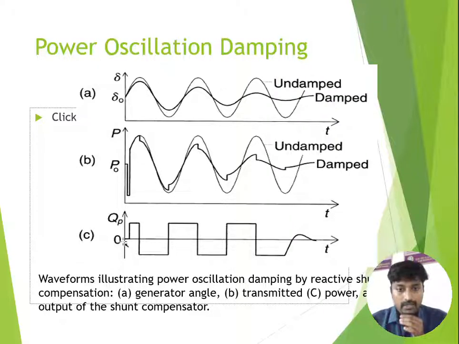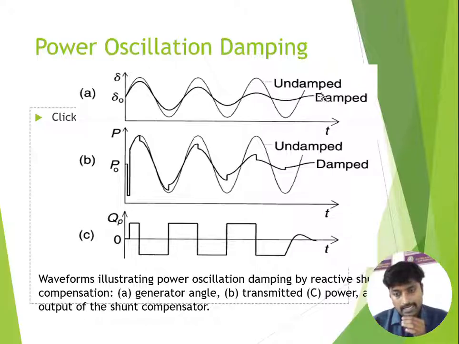You can see the advantage of FACTS controllers is that they are capable of generating or absorbing inductive reactive power or capacitive reactive power. If you consider one positive, the other is negative. Like that, you give both the compensations. Comparatively, the delta values come into the damped condition. Damped means it comes to nearly delta naught.